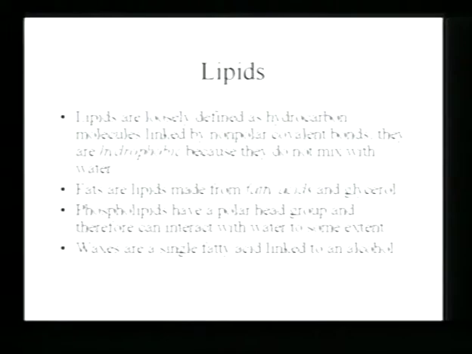Waxes are just a single fatty acid linked to an alcohol. So they're very hydrophobic, and they're typically solid at room temperature. Steroids are just lipids based on a cholesterol skeleton, and our bodies use steroids for a number of different purposes. So those are the major types.